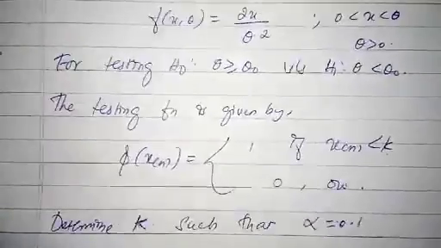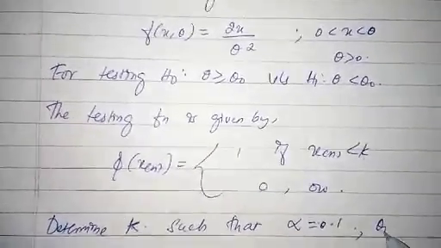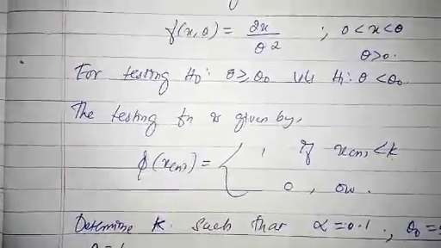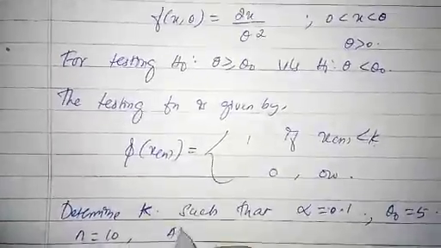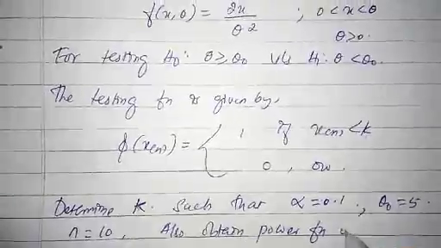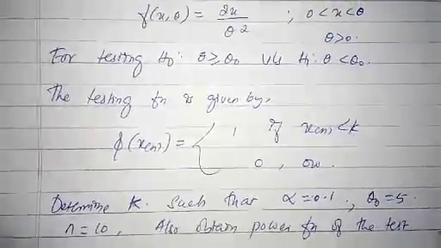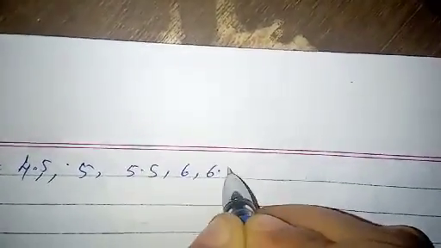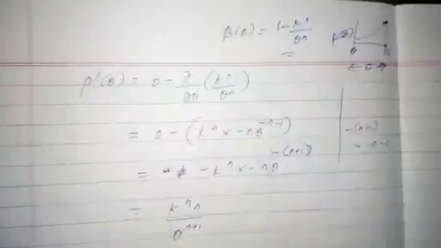Alpha means the size of the test here, and theta naught equal to 5, n equal to 10, and here also obtain the power function of the test for theta equal to 4.5, 5, 5.5, 6, 6.5.